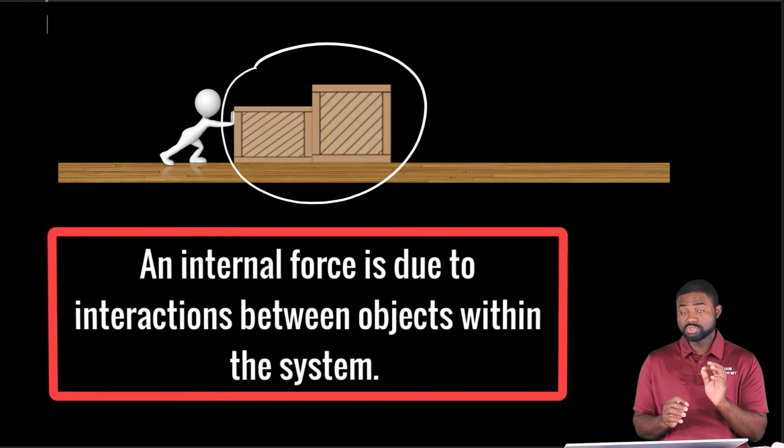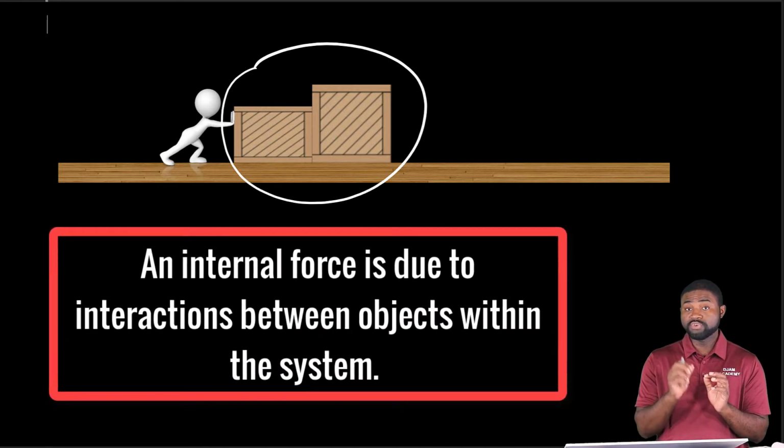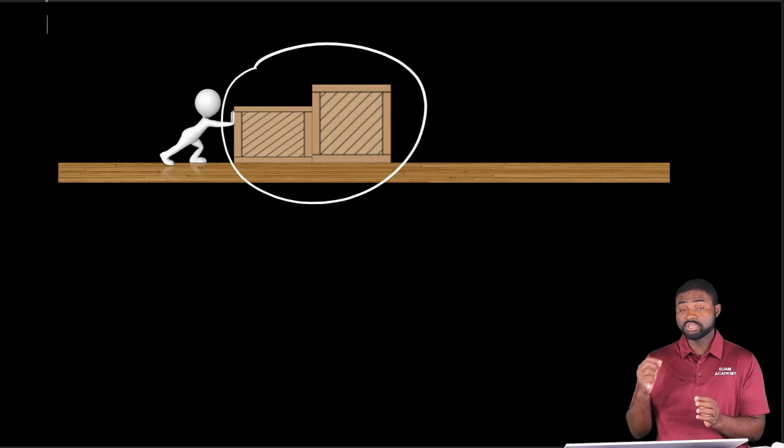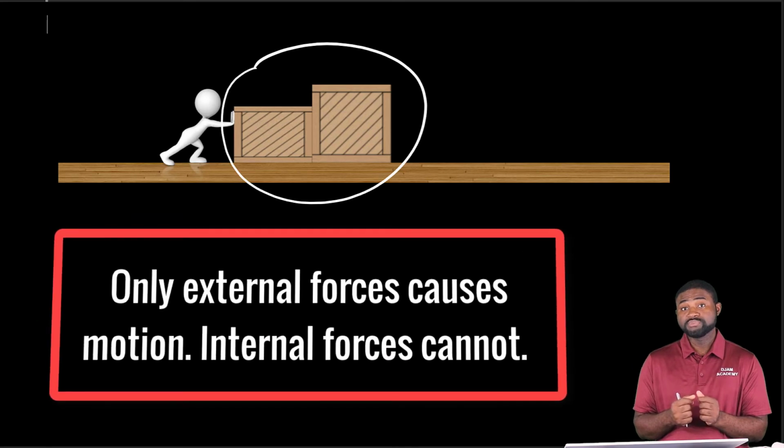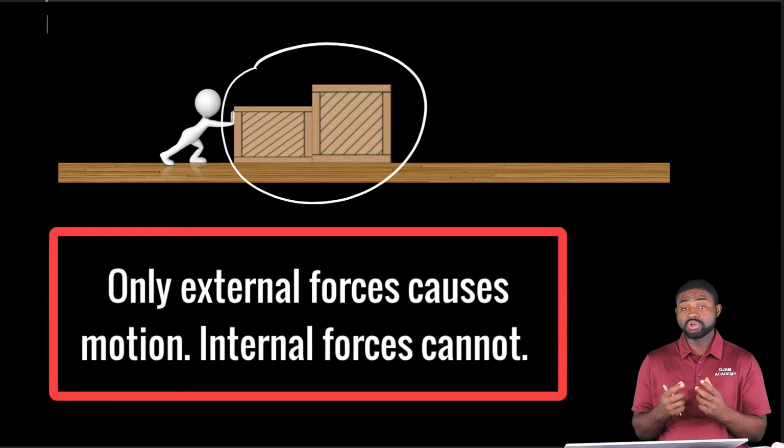This is really crucial because by virtue of Newton's third law of motion, forces are always generated in pairs. And these pairs of forces, called interaction pairs, are always equal in magnitude but oppositely directed. That means that when you consider a given system made up of more than one object, the internal forces will always cancel out each other.